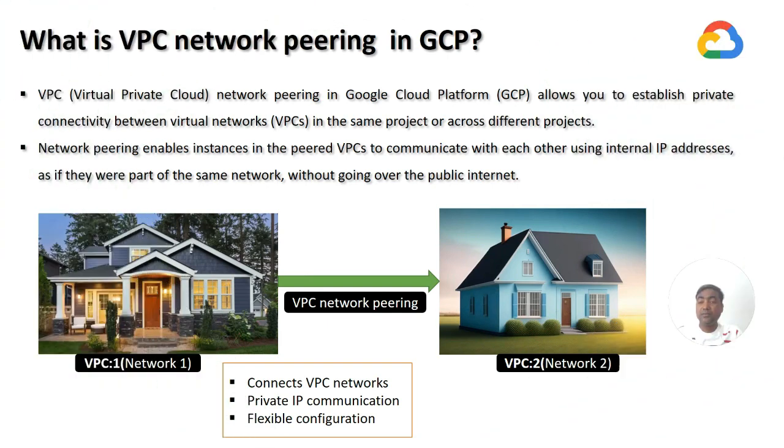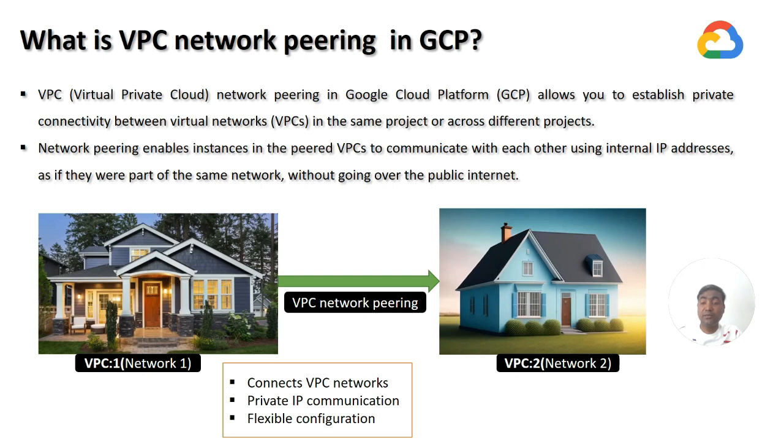Guys, I'll guide you in this session on what VPC network peering is in Google Cloud Platform. VPC network peering is a networking connection between two separate VPCs in a cloud computing environment.